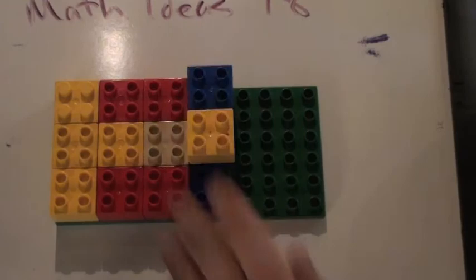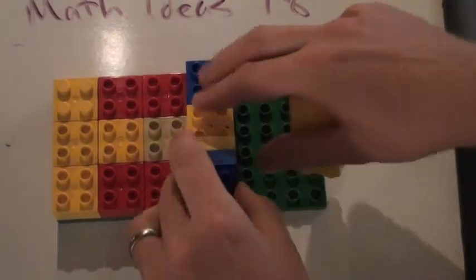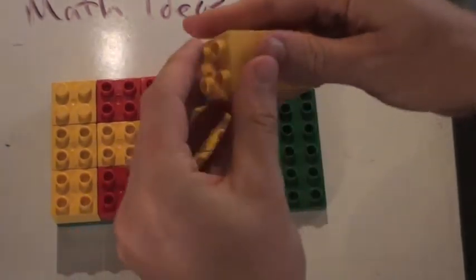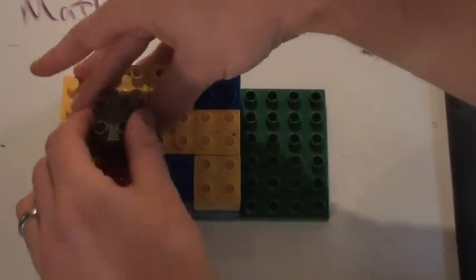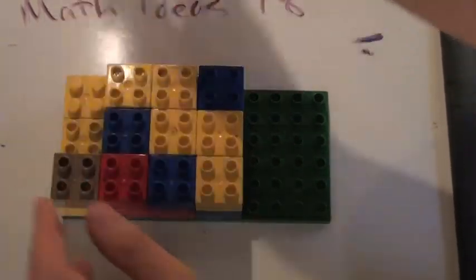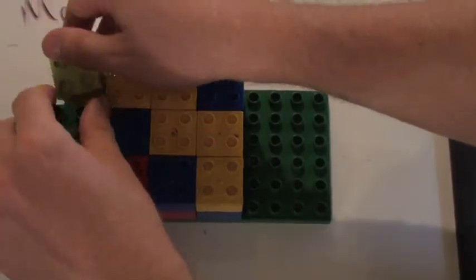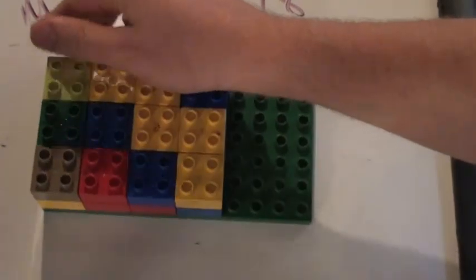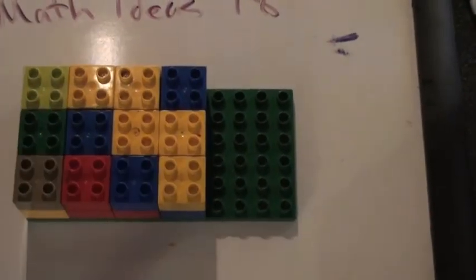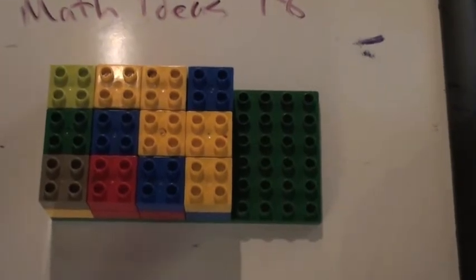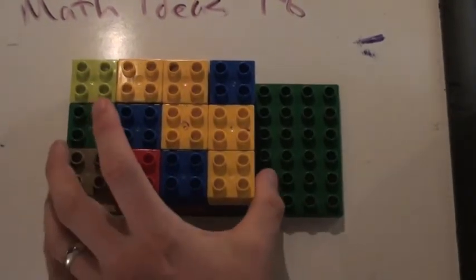But what if I stacked them too high? How many duplo blocks would I have now? Whoa, whoa, whoa. Okay. So I have 4 rows of 3. Sorry, yeah, 4 rows of 3, or 4 columns of 3. And they're too high.